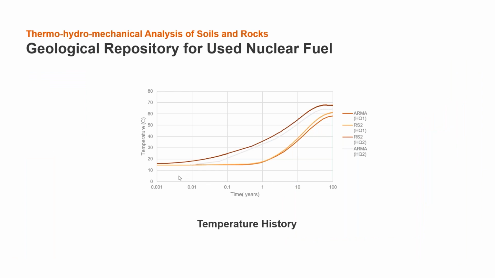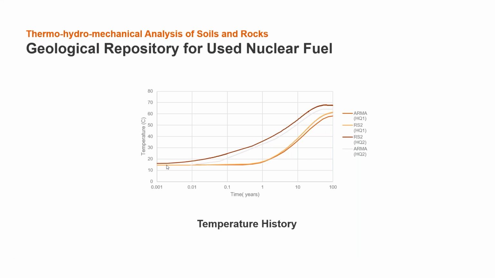And here is the temperature development at the side edge and the center point. The side edge is the red and orange lines here, and the center points are the brown and the gray ones here. And as you can see, the results match pretty well with the ones from the paper.